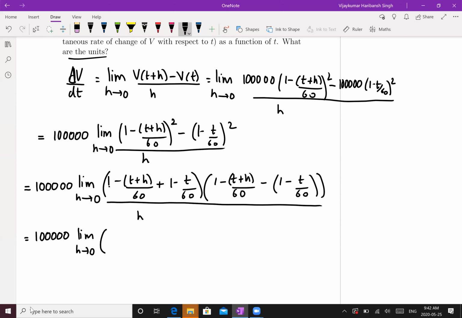So this will add with this, you will get 2. And here you will get what? Minus t by this. So, since the denominators are the same, I can add the numerators directly. So minus 2t minus h. Or if you want to keep the minus sign outside, we can do this.